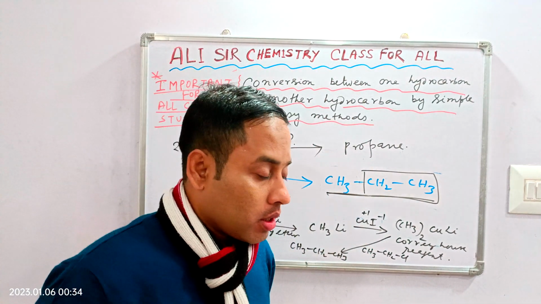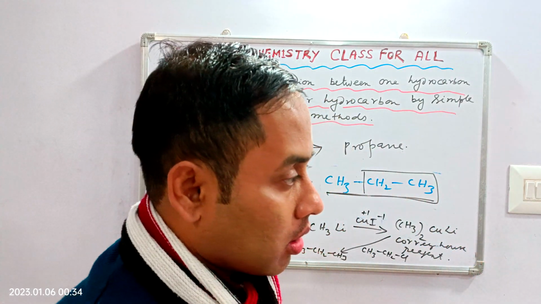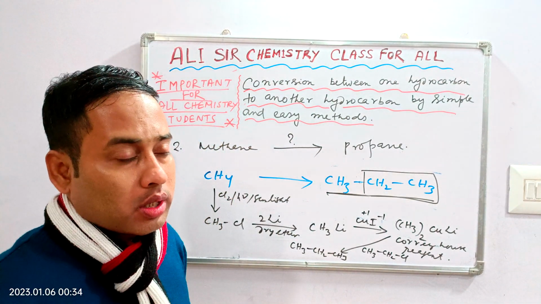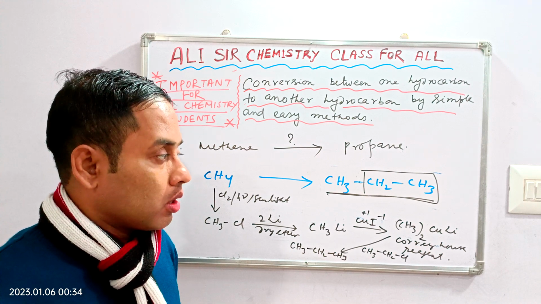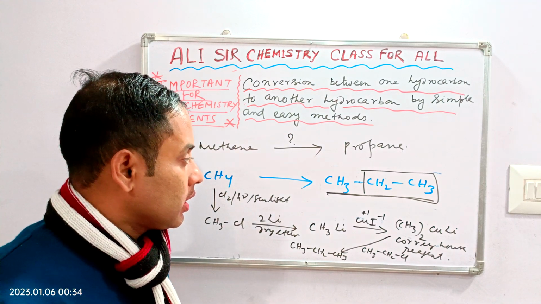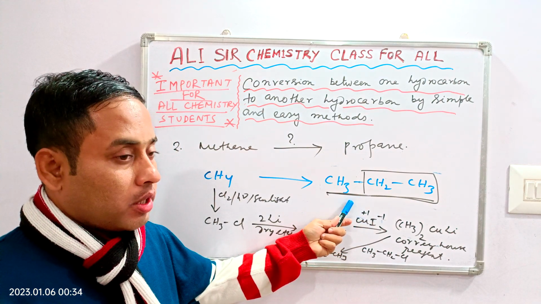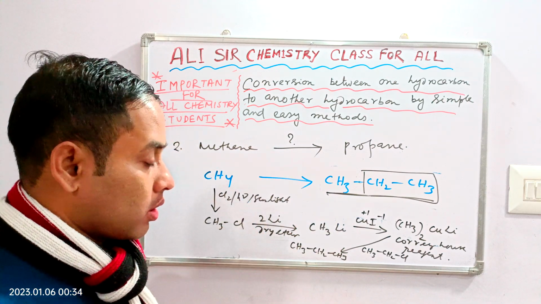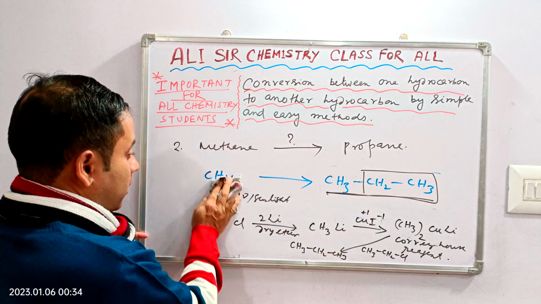That means preparation of symmetrical alkane and preparation of unsymmetrical alkane. In the first example, we used the most important reaction for the preparation of symmetrical alkane, called the Wurtz reaction. But in the second example, the final alkane is unsymmetrical, so we can't use the Wurtz reaction. Instead, we can use the Corey-House reagent. We have to remember both reactions for different purposes.